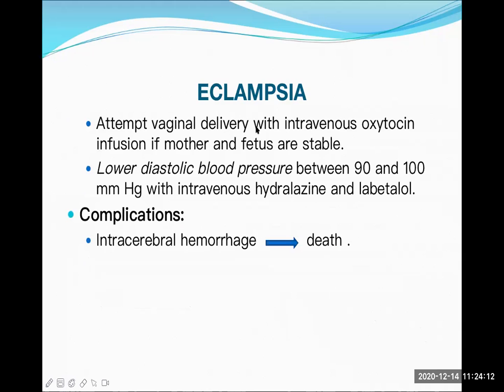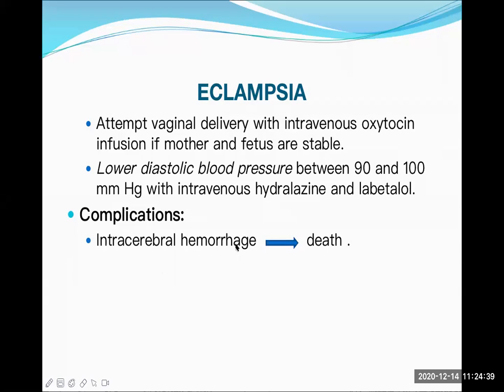So attempt vaginal delivery with intravenous oxytocin infusion if mother and fetus are stable, and lower the diastolic blood pressure to between 90 and 100 with intravenous hydralazine and labetalol. It's the same as severe preeclampsia management. And regarding the complication, intracerebral hemorrhage can lead to death in the mother.